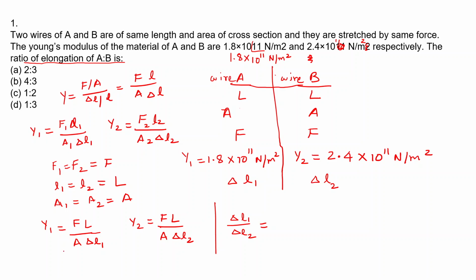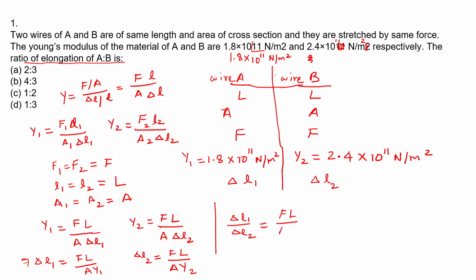So delta L1 will become F L divided by A times Y1, and delta L2 will become F L divided by A times Y2.